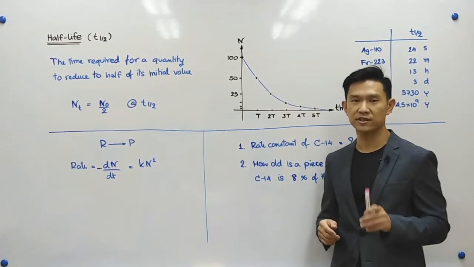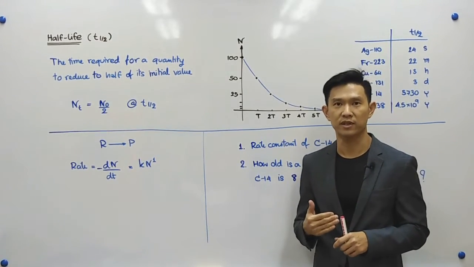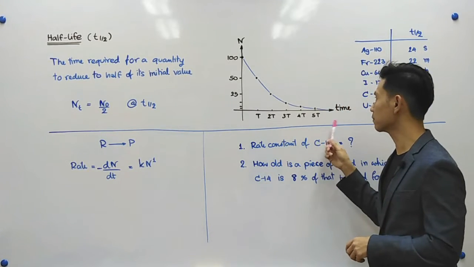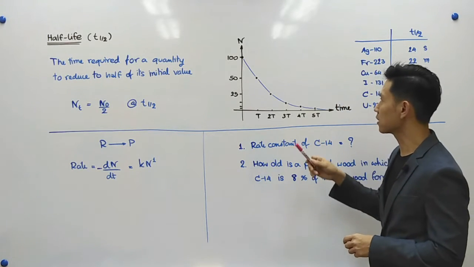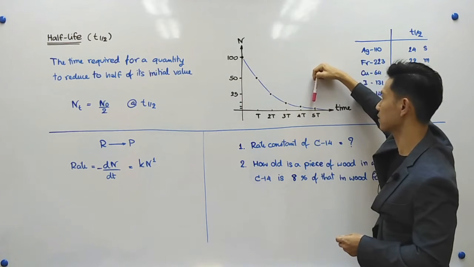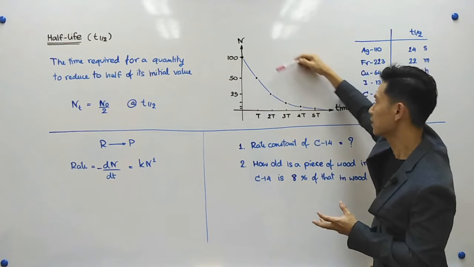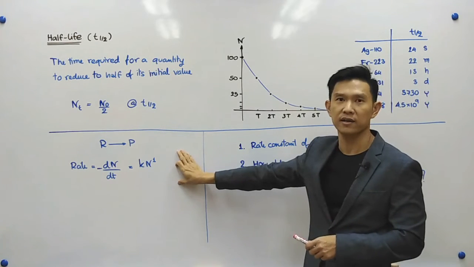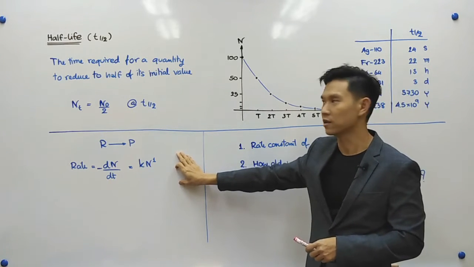If you already studied the kinetics of chemical reactions, this kind of curve may be familiar to you, because the characteristic decrease of the quantity of something in this kind of curve is actually controlled by the rate law equation.